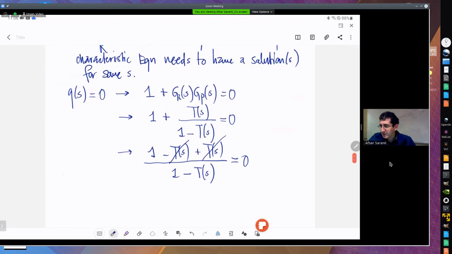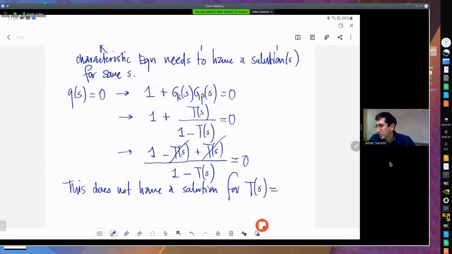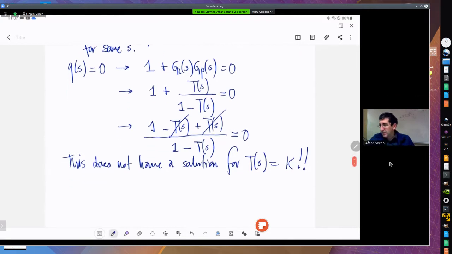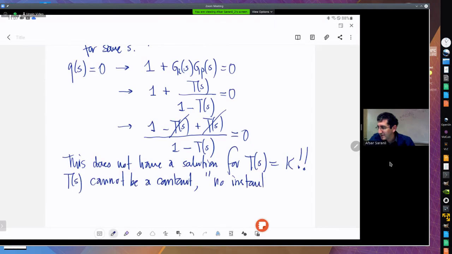Okay? So this does not have a solution for T of s equal to K. So that means T of s cannot be a constant, and that means no instantaneous response.